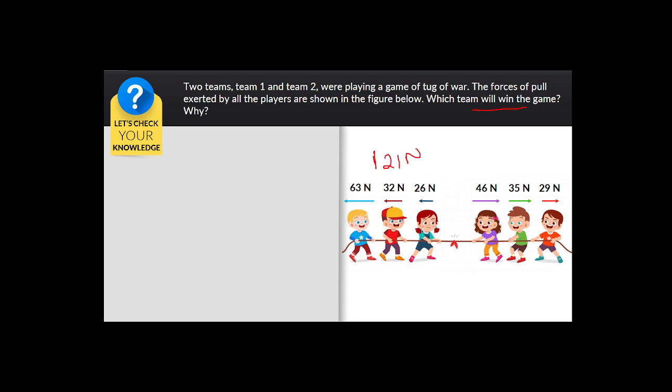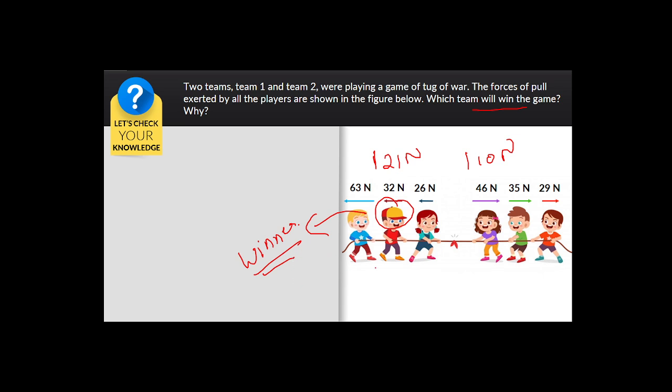Very good. Newton. 46 plus 35 is 81. 81 plus 29 is 110. Yay, the hat team won. So this cap team is the winner.